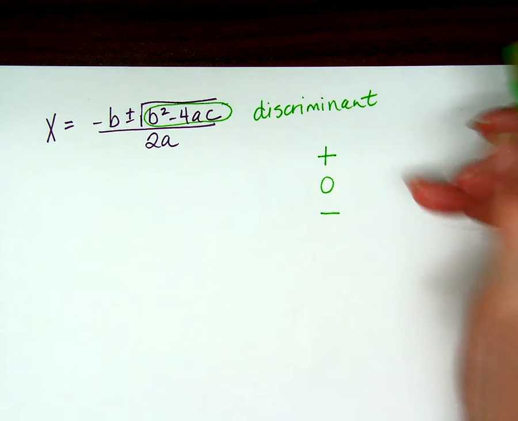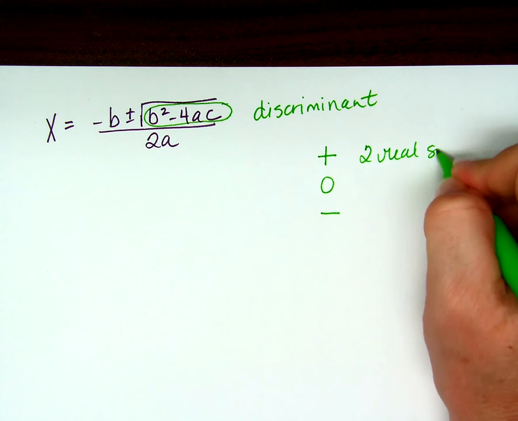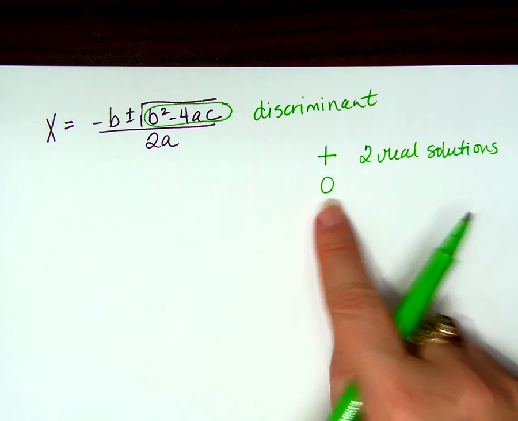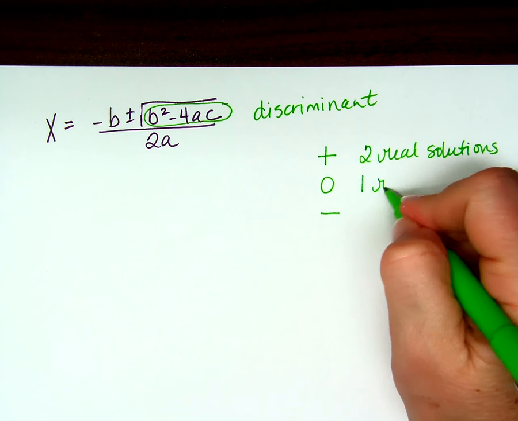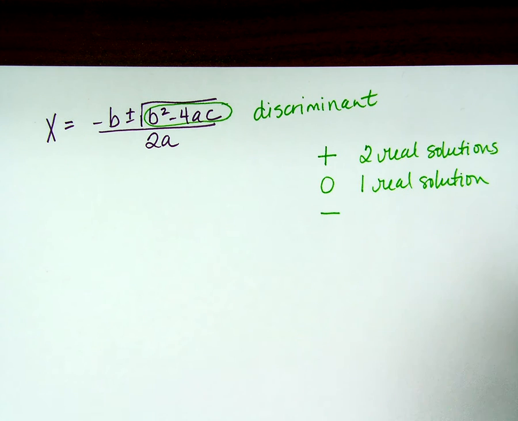If the discriminant is positive, you're going to get 2 real solutions. If the discriminant is 0, you'll get 1 real solution. Now, if you'll remember the fundamental theorem of algebra, it says whatever your highest exponent is, that's the maximum number of solutions you'll get, right? So this is a quadratic, so the highest number of solutions is 2.